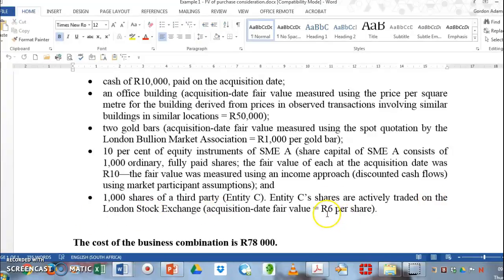Acquisition date fair value equals 6 Rand per share. So again, what is the fair value of the investment given up to acquire SMEB? 6 Rand times 1,000 shares gives us 6,000 Rand fair value for the shares given up.